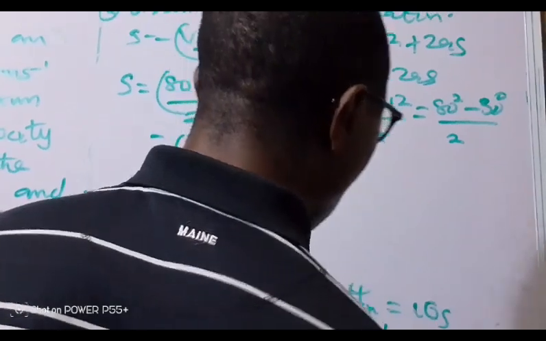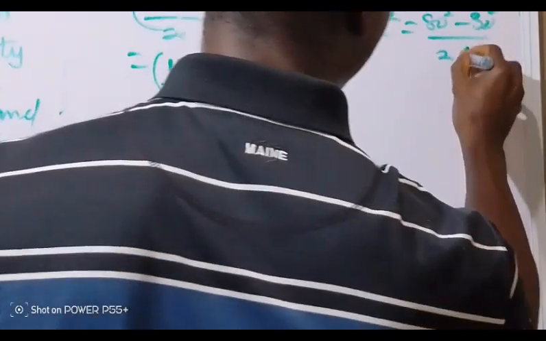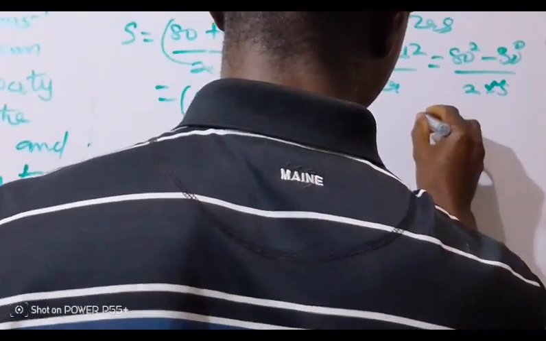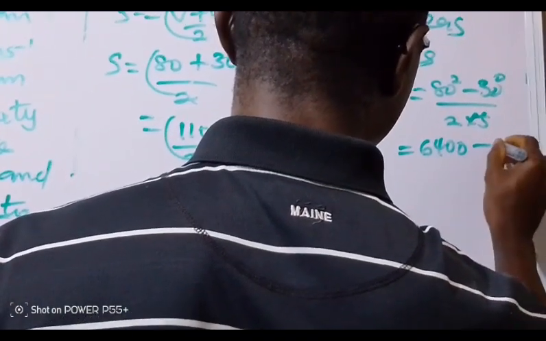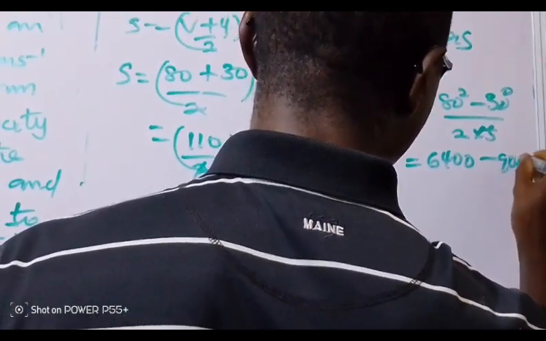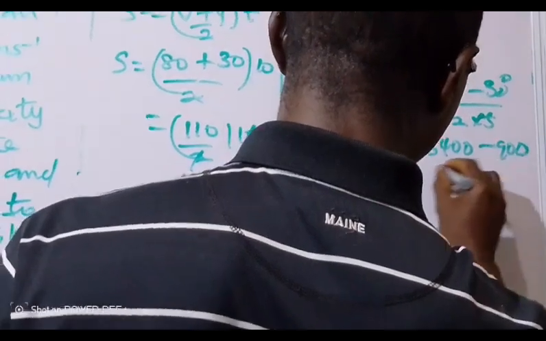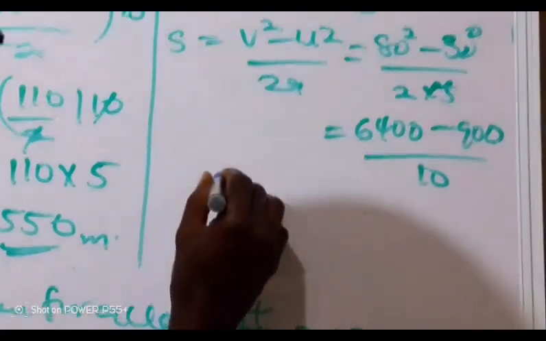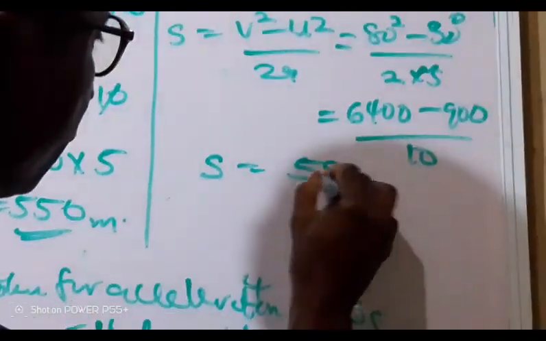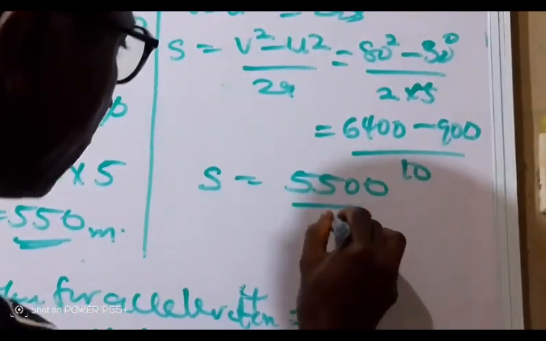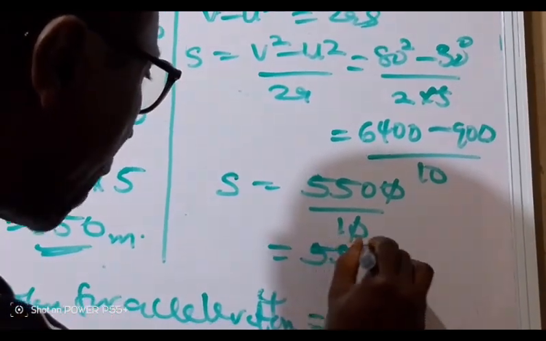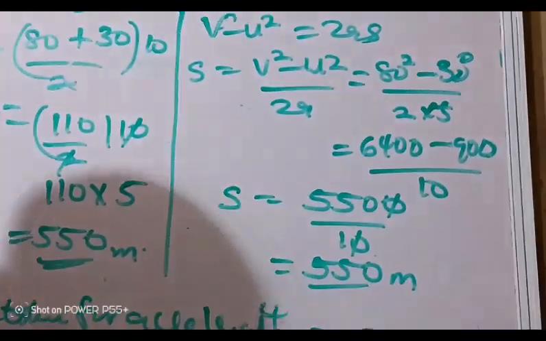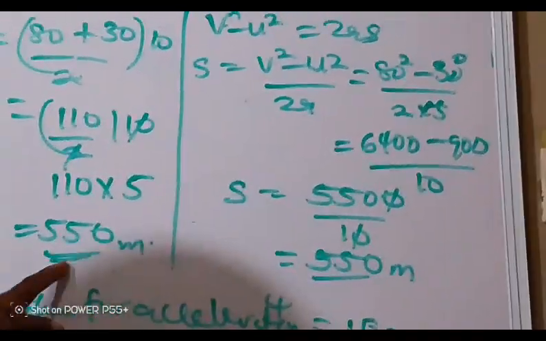What is the value for A? Multiplied by 5. This one will now give us 6400 minus 900 over 10. Now, our S is equal to 5500 over 10. 0 will cancel 0, so we are going to have 550 meters. You can now say that we arrive at the same answer.